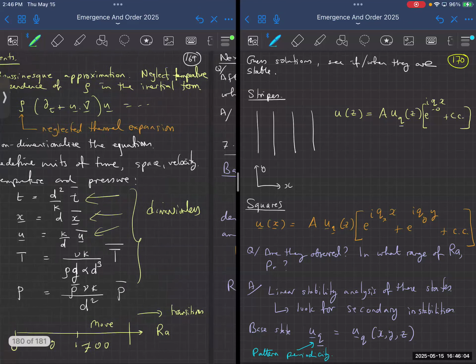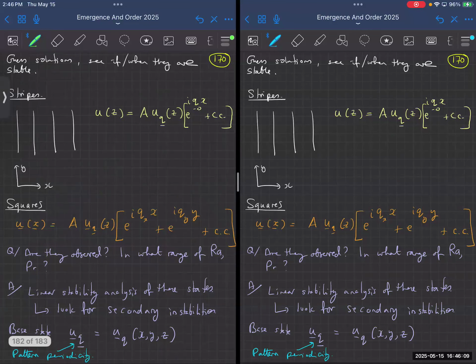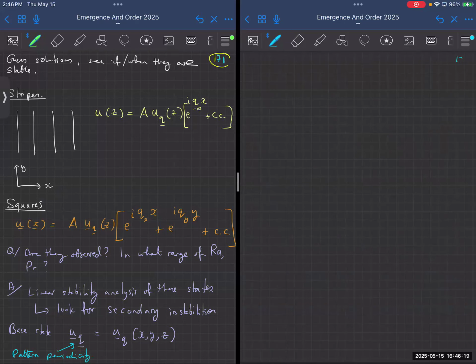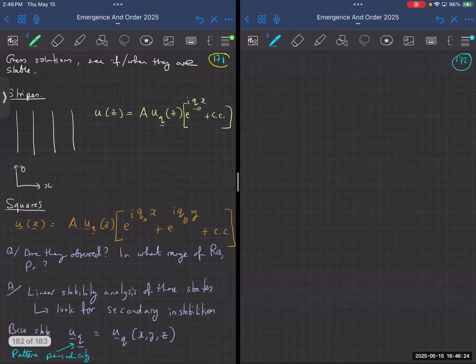So now let's talk about how we examine the stability of these non-trivial states. So now we're going to have a perturbation about a periodic pattern state.